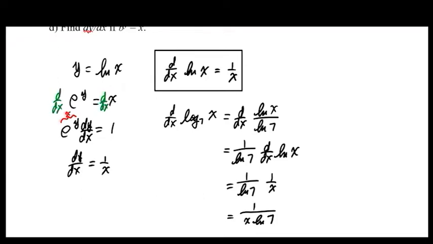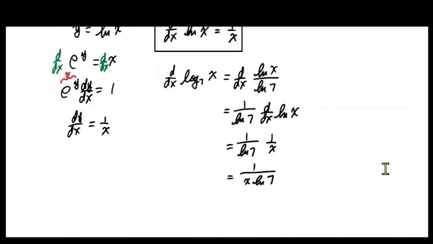Your book has this as a formula, but you know how I feel about formulas, right? Don't you dare, it's an automatic 0 if you use it. You can skip from, let's say, here to here even, but you have to show me this thing. Okay? Mr. Kim, you said there were only two that we were allowed to memorize.